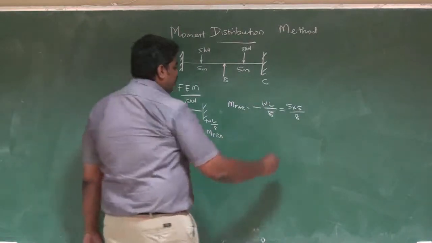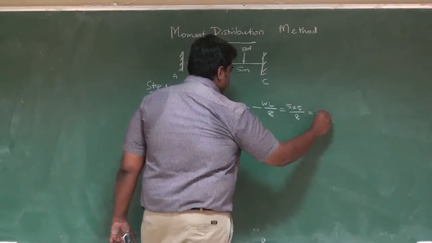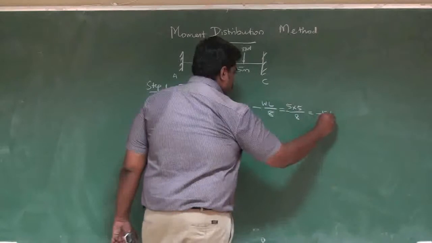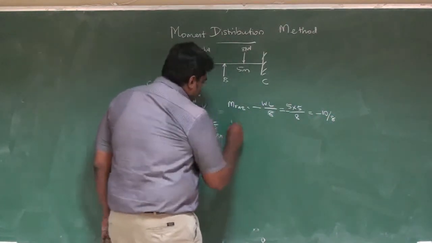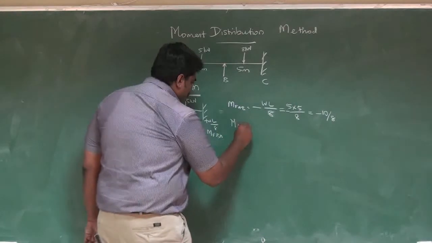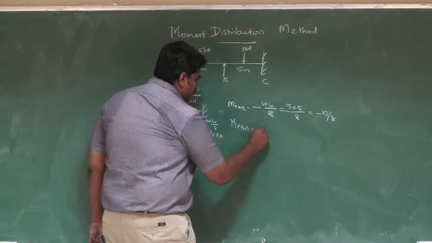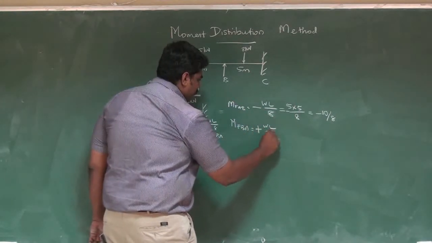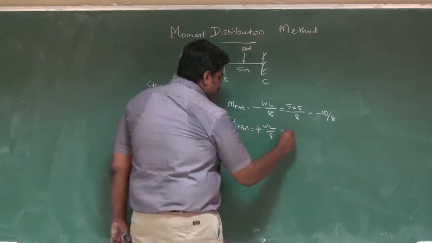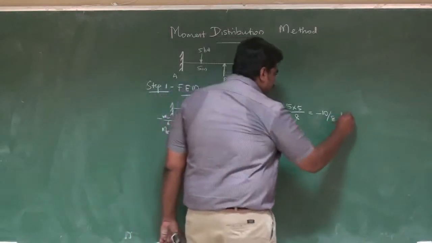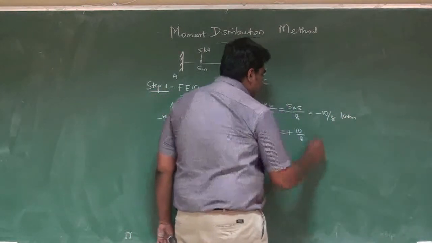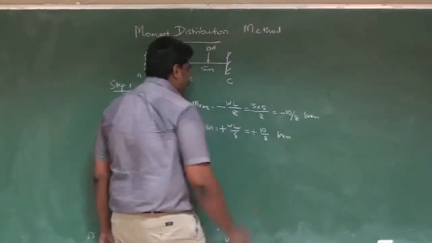So it will be 10 by 8, minus, right? And MF BA will be equal to plus WL by 8. Only the minus and plus sign is going to change. The unit will be in terms of kilonewton meter, since we deal with moment here, right?